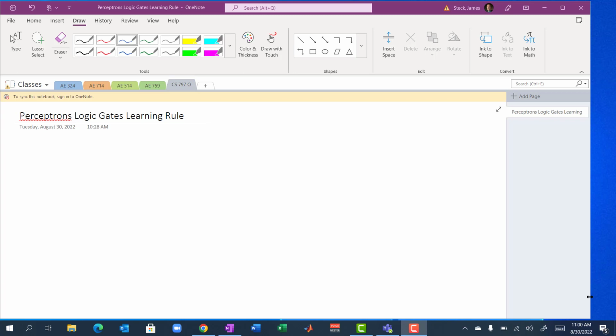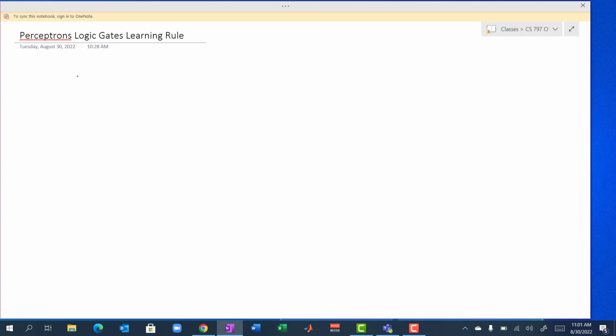Today we're going to review a bit about artificial neurons. We're going to look at some logic gates and perceptrons.